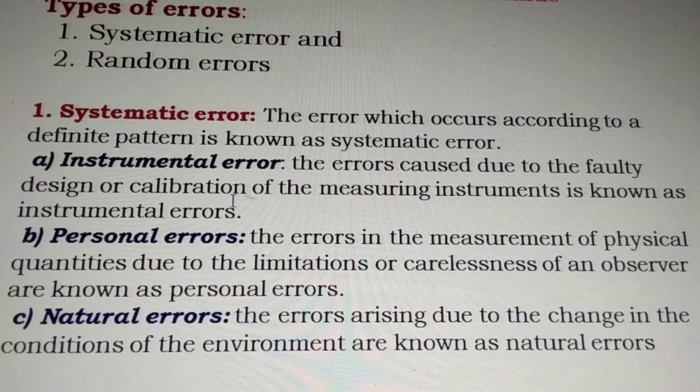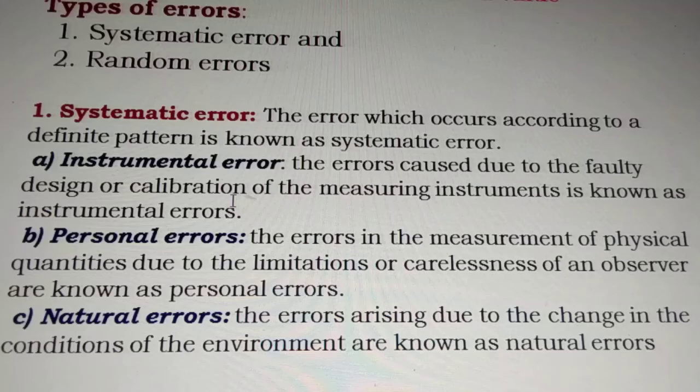Next one is called the personal error, the error in the measurement of a physical quantity due to a limitation or carelessness of an observer. We will not observe properly. For example, in a simple pendulum experiment, you are not counting the proper oscillations.